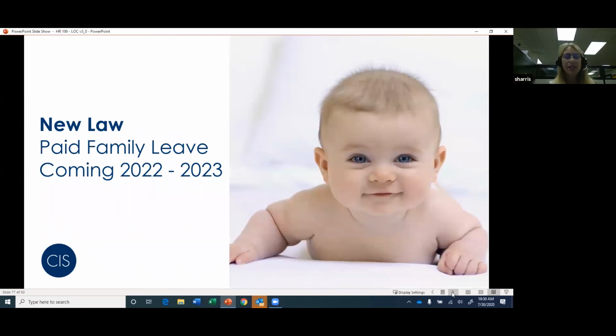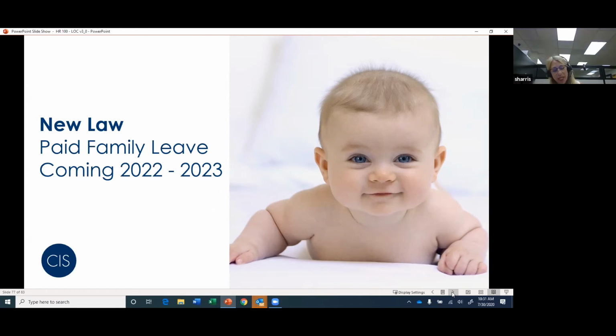All right, let's talk about the new family leave law. I believe it's called the Family and Medical Leave Insurance Program, FAMLI, that is coming 2022 and 2023. This is going to be a high-level review because we don't have all of the procedures yet.